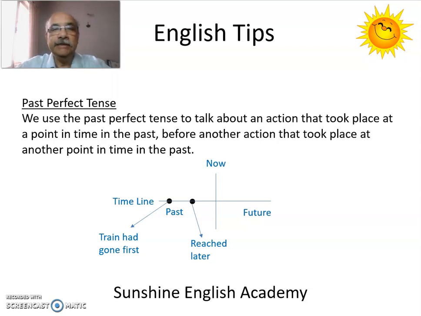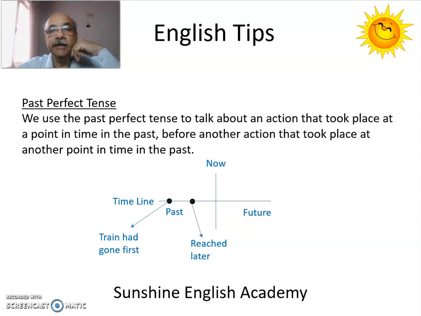So that means there are two actions, both in the past, and both at a point in time, meaning there was no continuous action. It just happened and it was over.